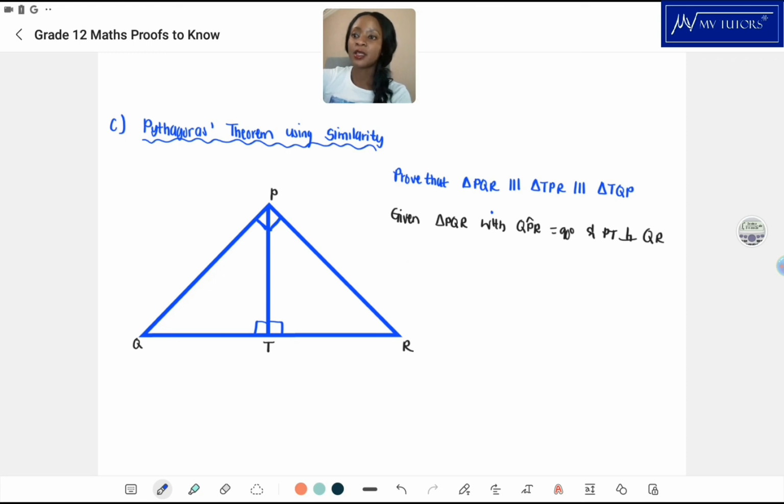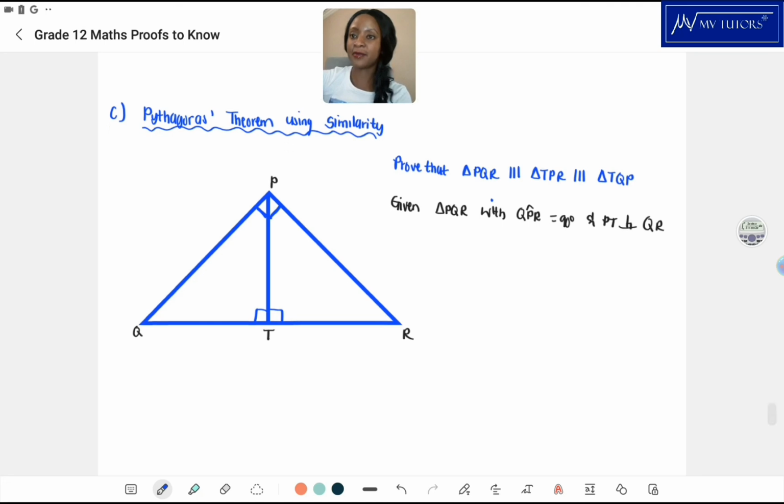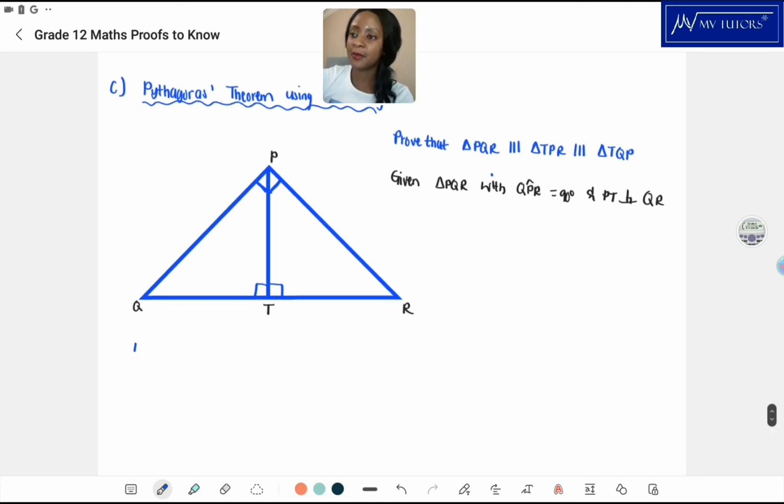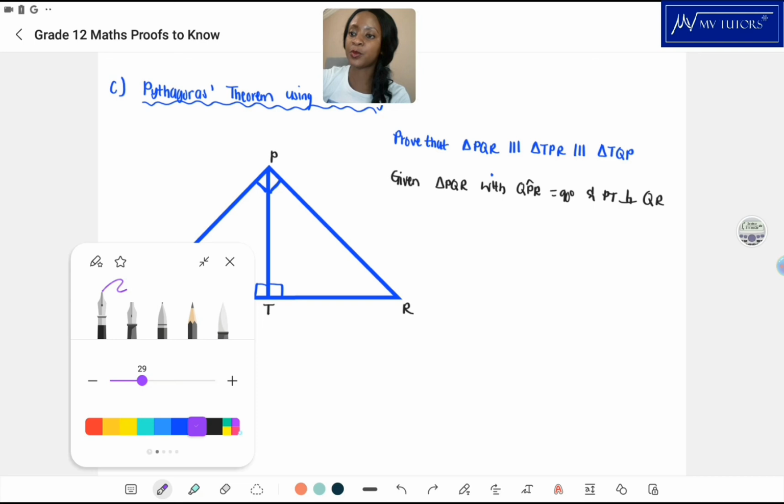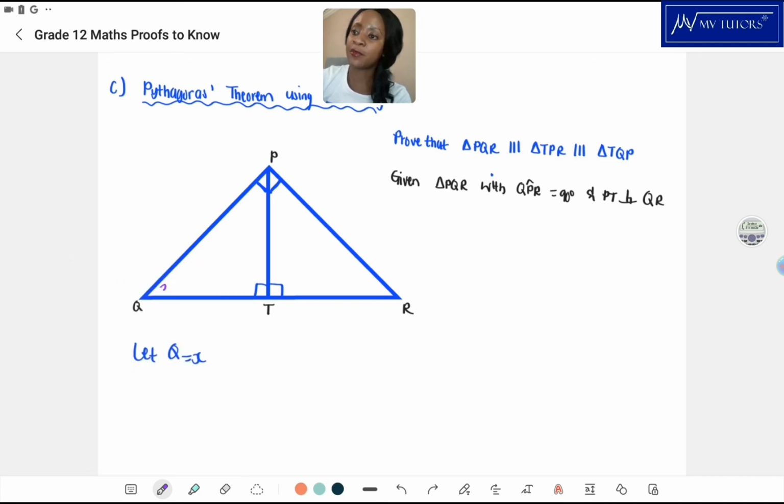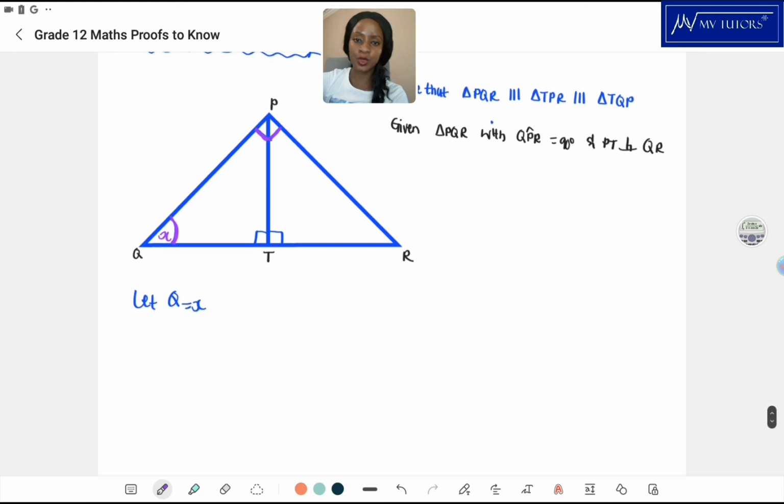So anyway, now let us say let Q be equal to X. So if we put X there, for the big triangle, let me use purple. If Q is X in the big triangle, we have 90 degrees there, then we have X. How are we going to get R?